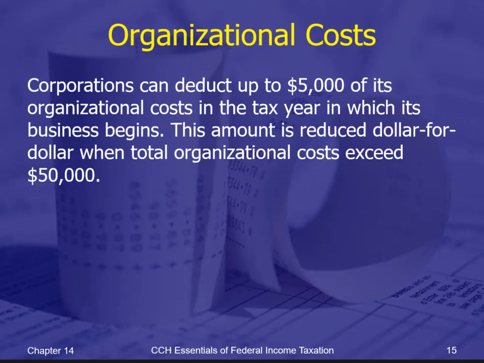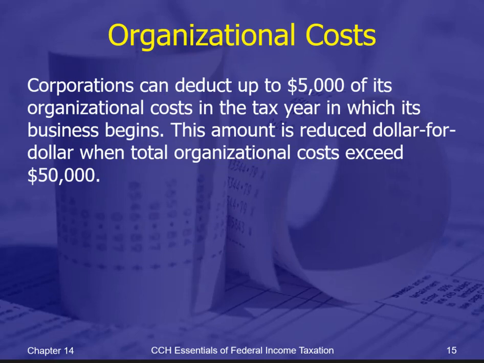All right, the next thing that comes up is organizational costs. These are the things that you do to organize into a corporation: lawyer fees, filing fees with the state to become a corporation. You can deduct up to $5,000 in the year you begin business, because the assumption is that this is an asset and therefore would need to be amortized over time.